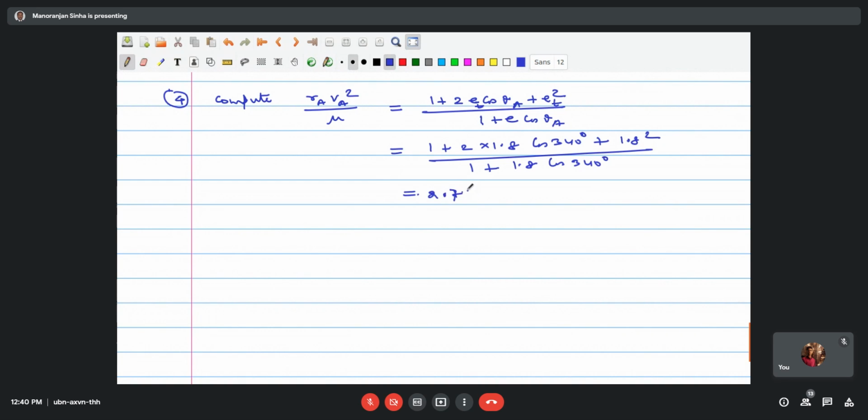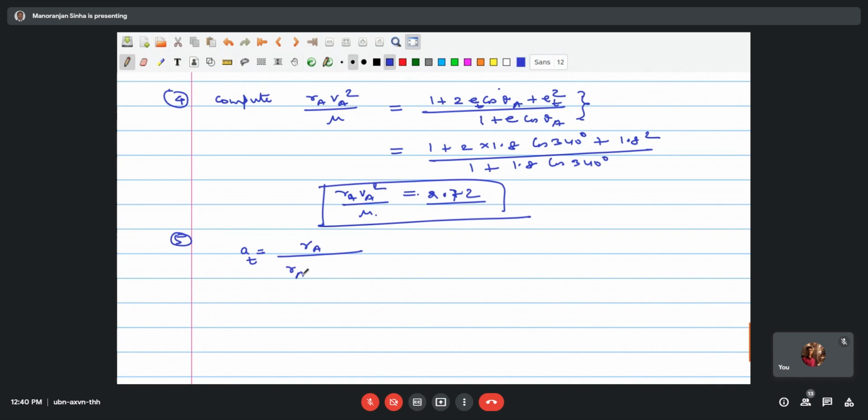This is a non-dimensional quantity, because in this expression everything on the right hand side is non-dimensional. Okay, next we can calculate the semi-major axis of the transfer orbit. Already we have seen that this transfer orbit is hyperbolic, so we write it this way.